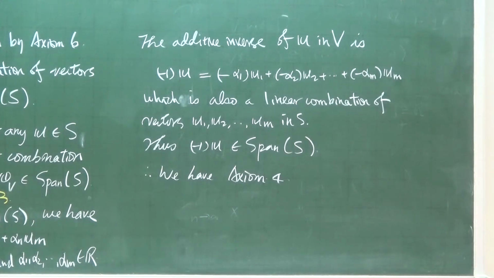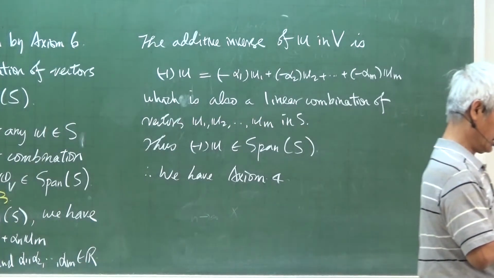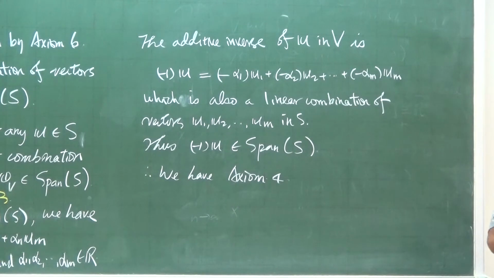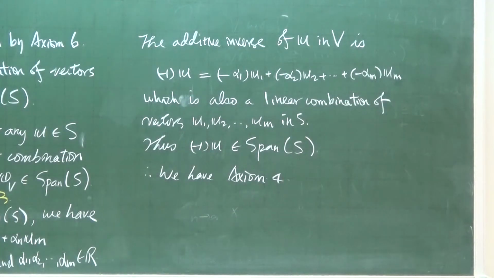And finally, the last one is about the unitary property. The unitary property is true for every element U, so of course it's true for every element in the span S, because the span S is a subset of V.